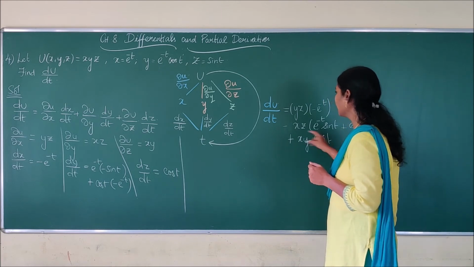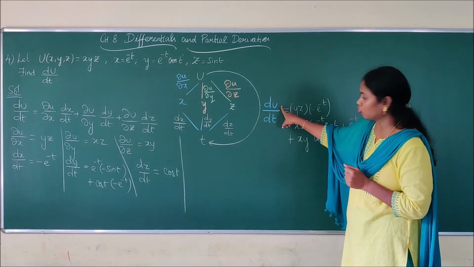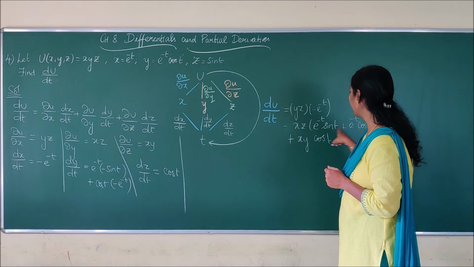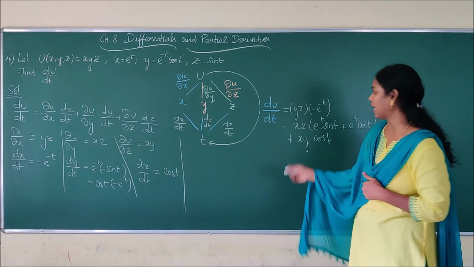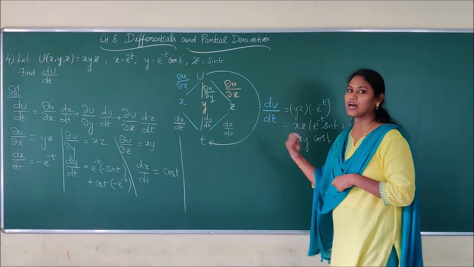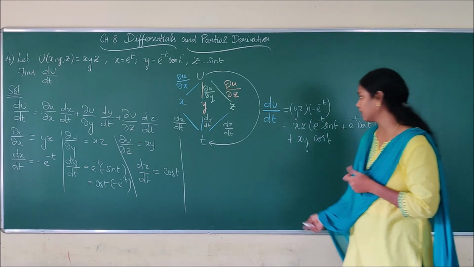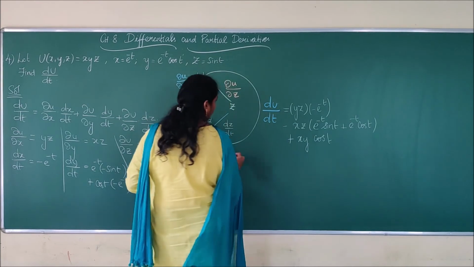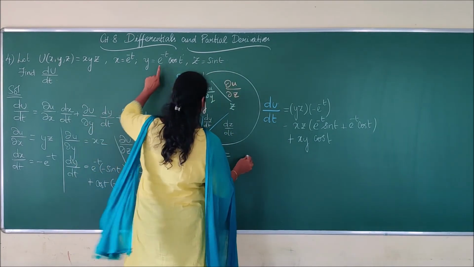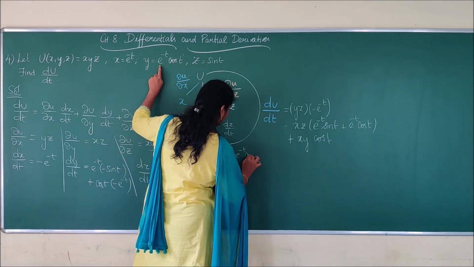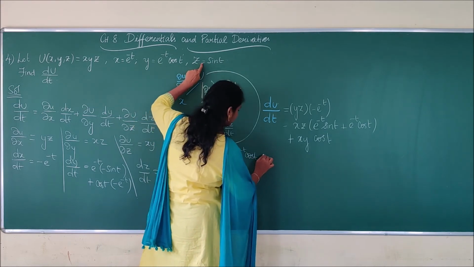cos t. I have to find the value of du by dt, so there should not be any variable other than t. I have x, y, z here, so I have to replace x, y, z with the expressions given in t. What is my y? y is e power minus t cos t. And what is my z? z is sin t.